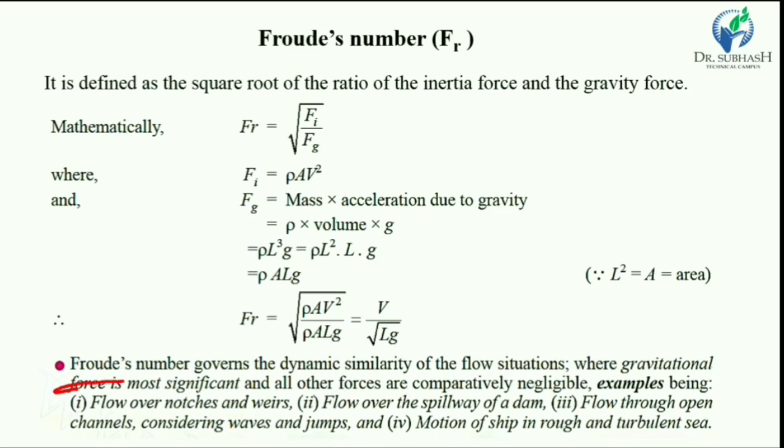Now the Froude's number governs the dynamic similarity of the flow situation where gravitational force is most significant and all other forces are comparatively negligible. In short, where the gravitational force is significant, the Froude's numbers are important.